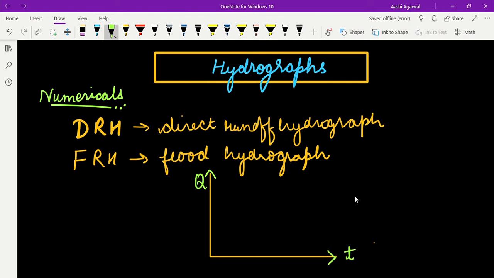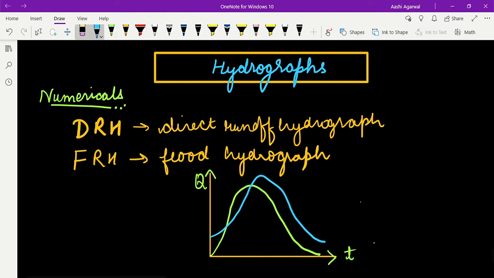For what time will I get the runoff in the river? It can vary, it can fluctuate. When I start from 0, this is called the direct runoff hydrograph. On the other hand, when I don't start from 0 and there is some intercept, that is called the flood hydrograph.